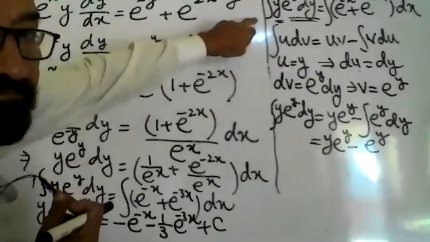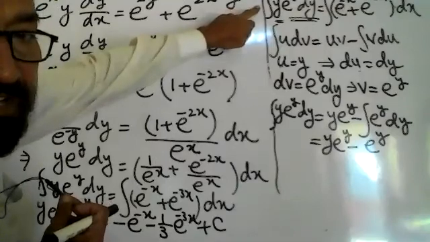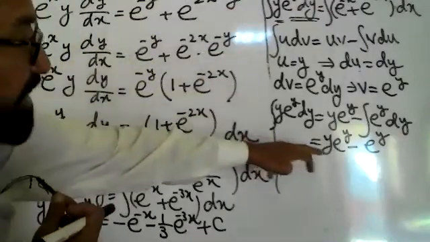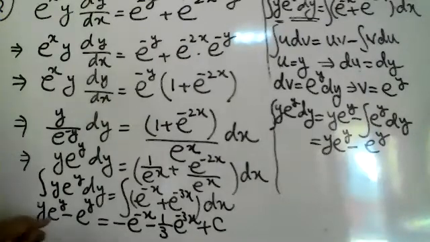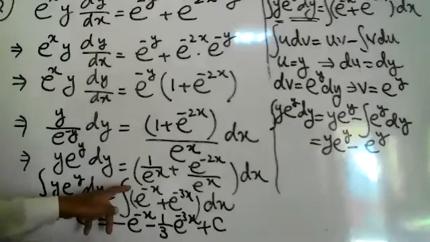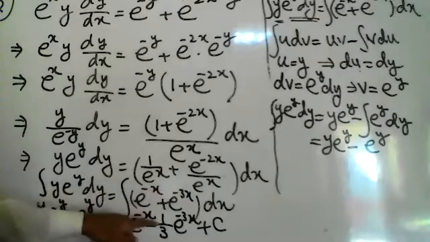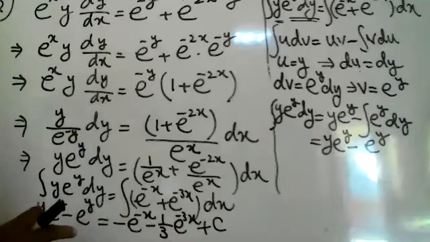The integral of y e raised to power y dy, its integration is y e raised to power y minus e raised to power y, plus the integration of e raised to power minus x, which is minus e raised to power minus x, and minus 1 upon 3 e raised to power minus 3x, and plus some constant. In all the integration, we add a constant.